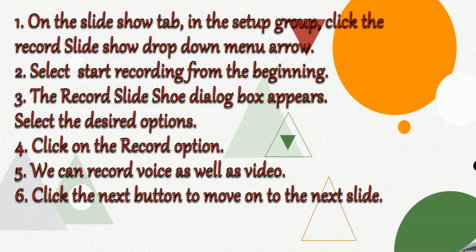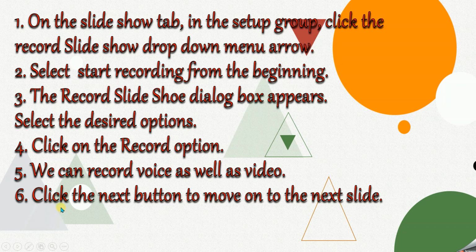We have an option to record our presentation. So, we need to click on that record option. We can record the voice as well as the video also. Even while presenting, if you want a presenter camera on the screen along with the slideshow, that also can be done.